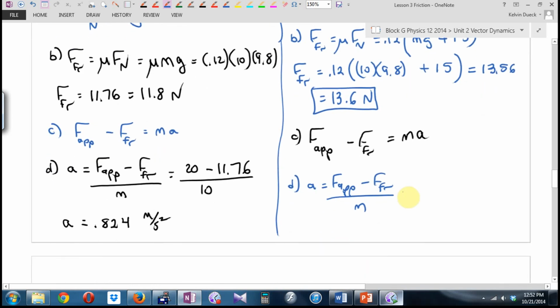It's going to be 20 minus 13.56 divided by 10. I should be able to do this one in my head. 20 take away 13 is 7, take away 0.5 is 6.5, take away 0.06 is 6.44. 0.644? Double check me. I'm still choked I couldn't come up with that 13.56. Double check units and everything. Yep.